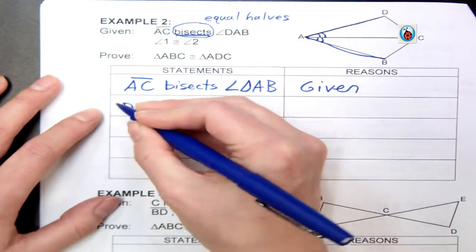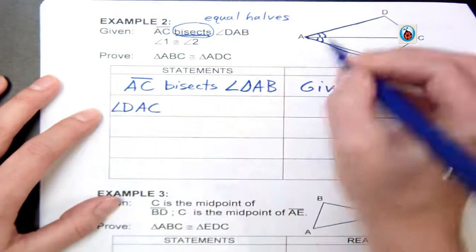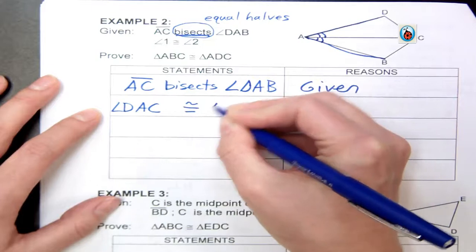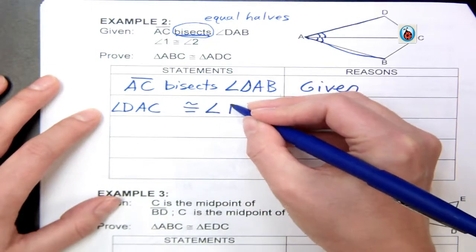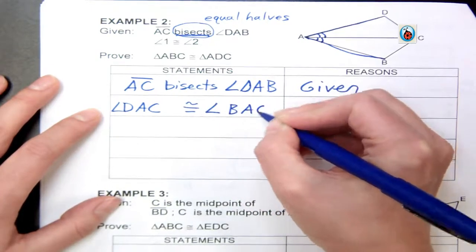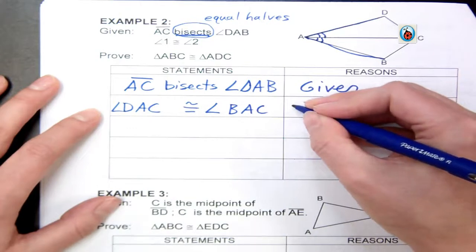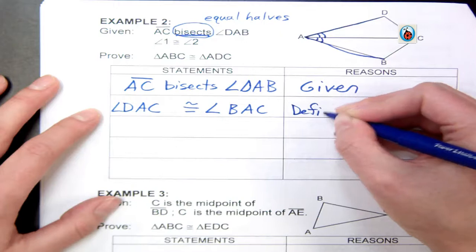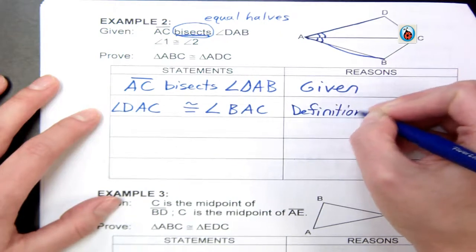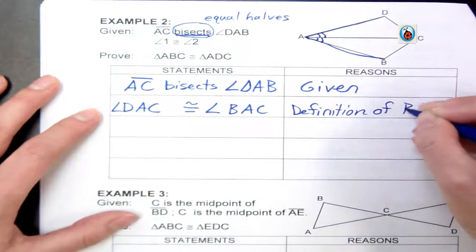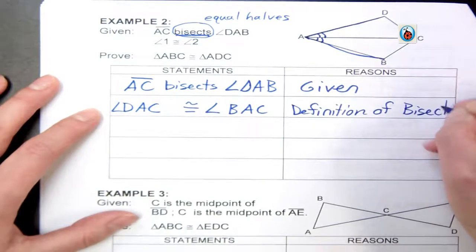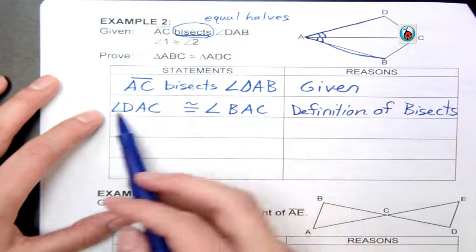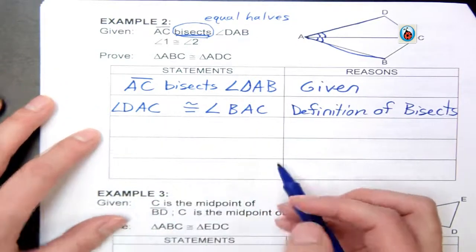So that means angle DAC, which is this side here, is congruent to angle BAC. And that is my definition of bisects. So anytime I have a word like bisects, I'm going to define it by writing my congruent parts.